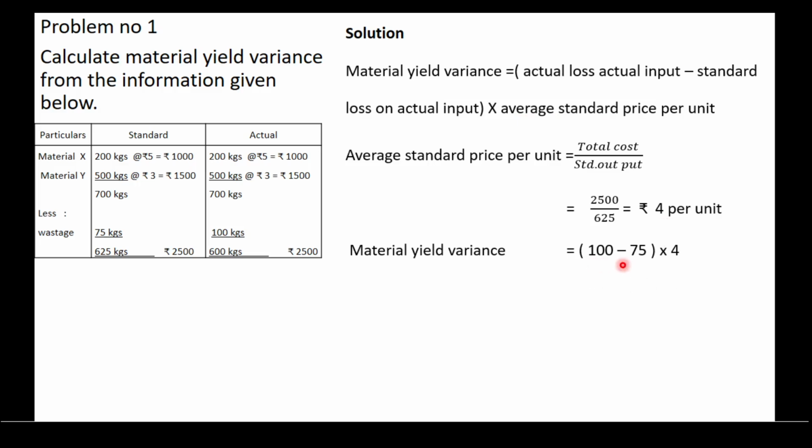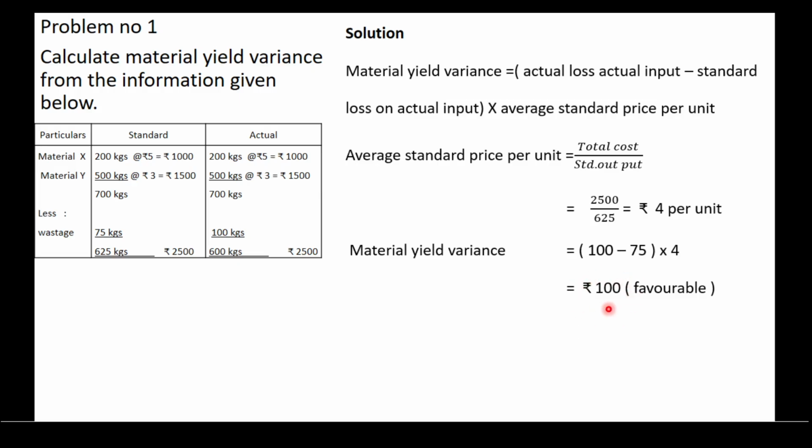So 100 minus 75 into 4. That is 25 into 4, rupees 100.